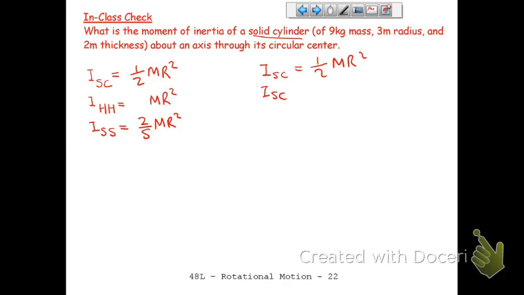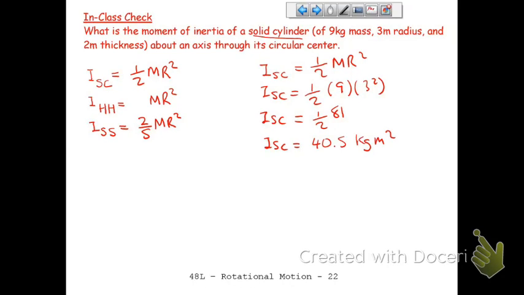So I solid cylinder is equal to 1/2 times 9 times 3 squared. So I solid cylinder is equal to 1/2 times 81. So I solid cylinder is equal to what? 40.5. And what's the unit going to be? Well, it's going to be kilograms meters squared.